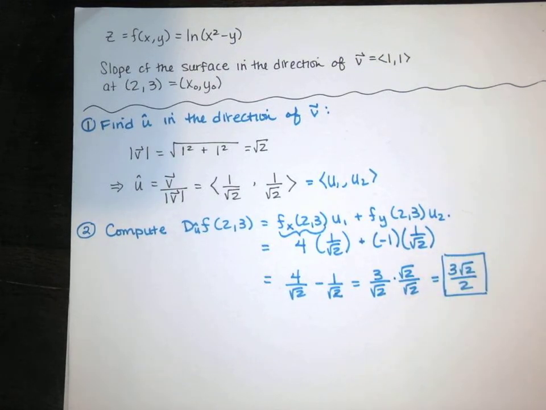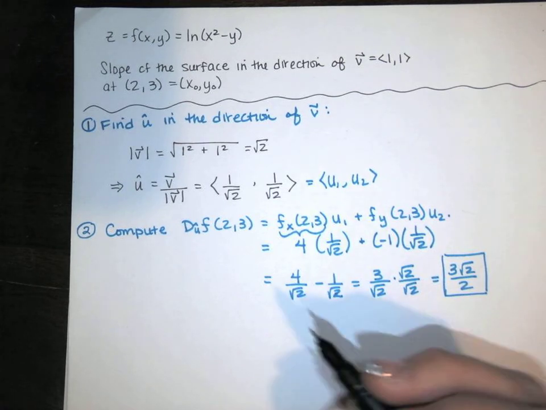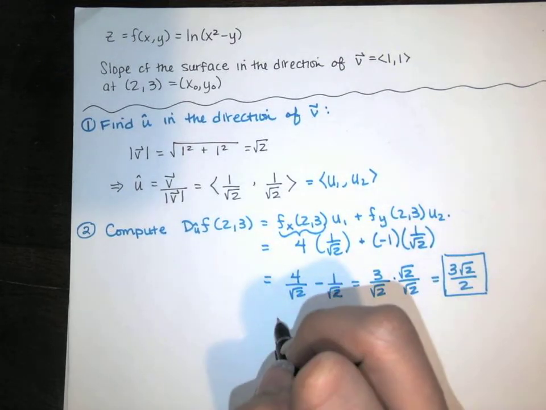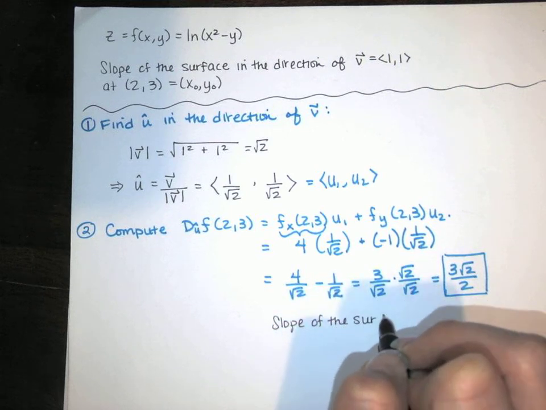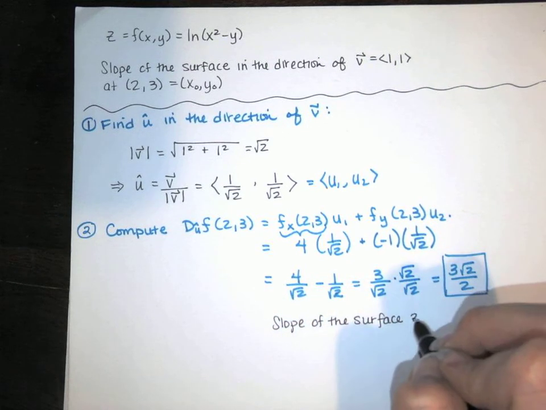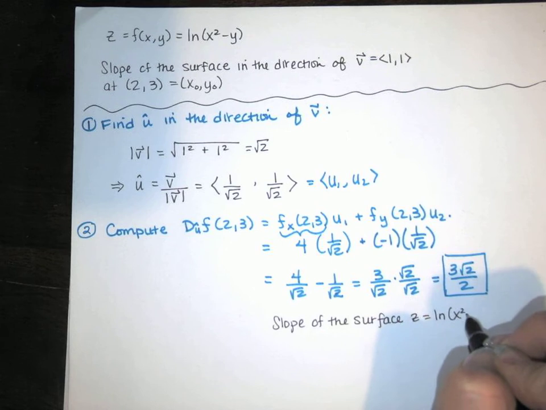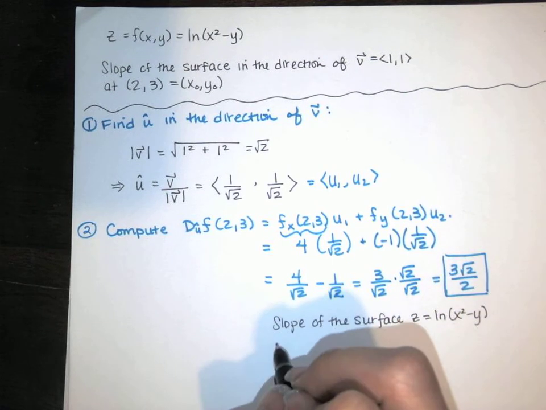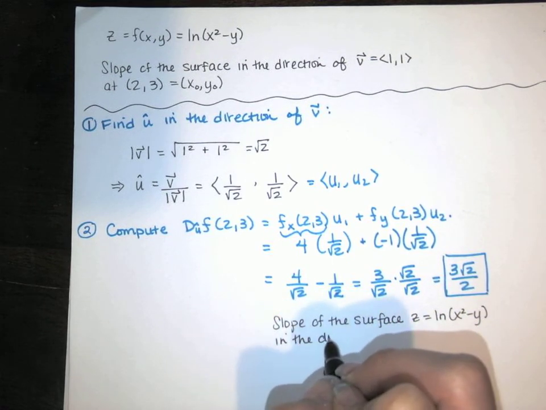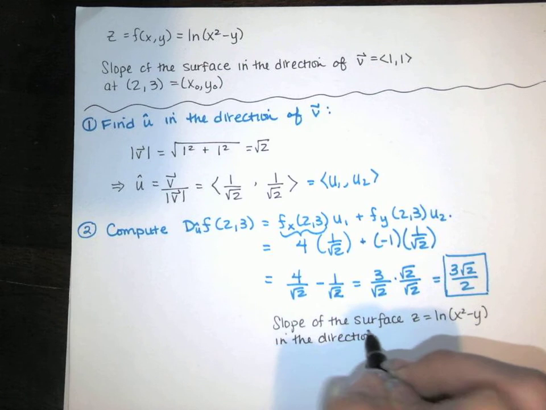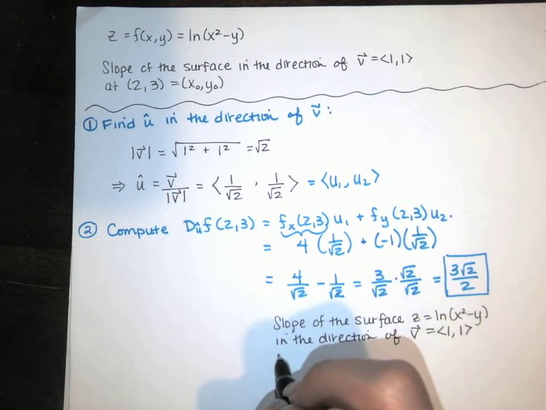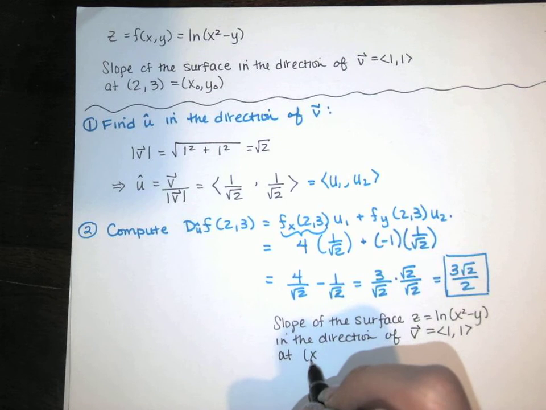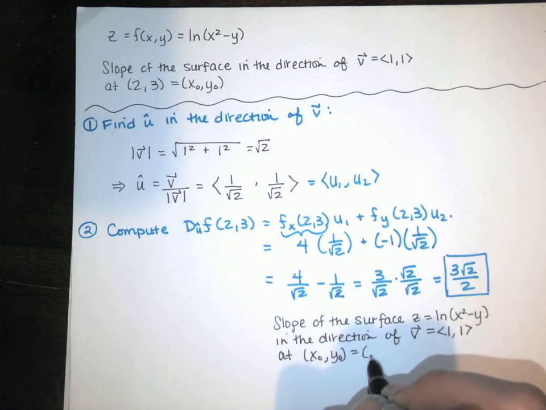What is that number? Well, that is the slope of the surface given by z equals natural log of x squared minus y in the direction of the vector v at the point x naught, y naught equals 2, 3.